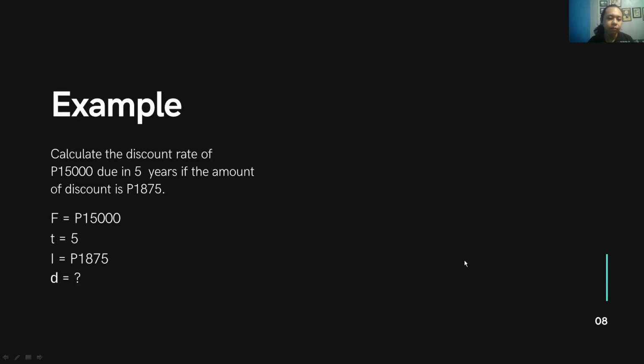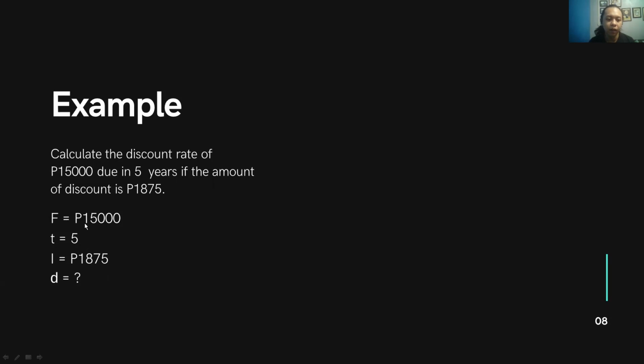Third example, calculate the discount rate of 15,000 pesos due in 5 years if the amount of discount is 1,875.